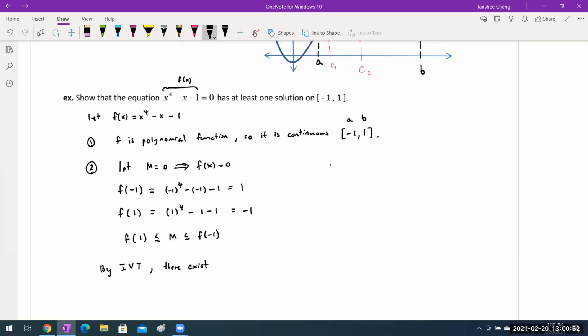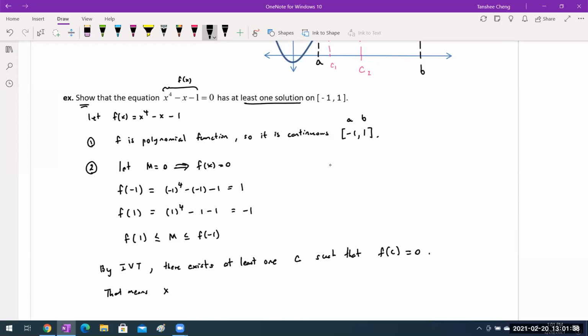That's what we are trying to show, at least one solution. So we can say that there exists at least one c such that f of c is equal to 0, which is the value of m we are talking about, the solution.